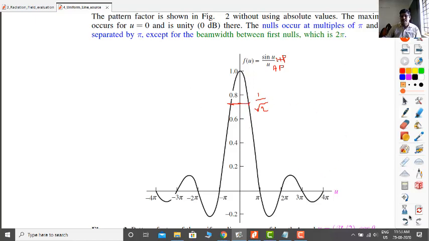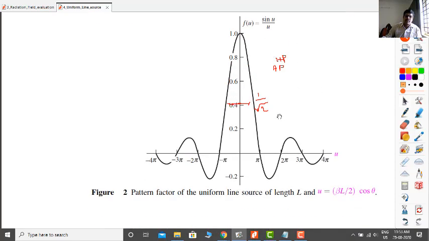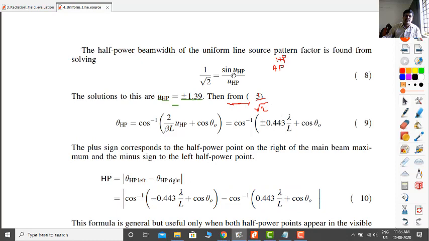We have to compute this. Therefore, we have to equate this function to 1 by root 2, at which the u value corresponds to the half power beamwidth value. Therefore, 1 by root 2 equals sin u hp by u hp.